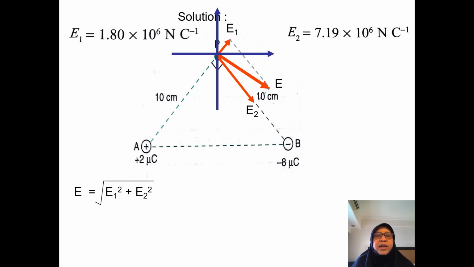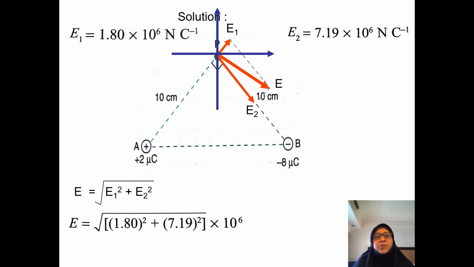Because the angle here is 90 degrees, this is a rectangle, so we can use the Pythagoras theorem straight away. E equals the square root of E1 squared plus E2 squared. Substitute these two values and you get the resultant electric field, which is 7.41 times 10 to the power of 6 Newton per coulomb.